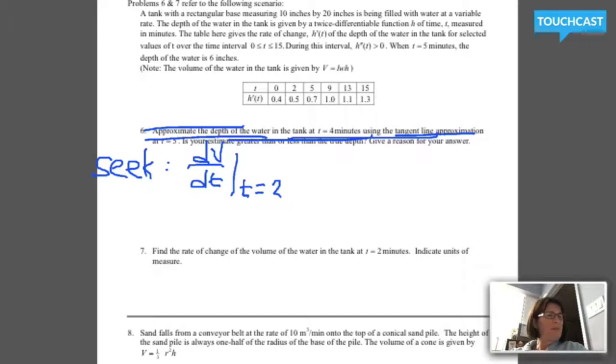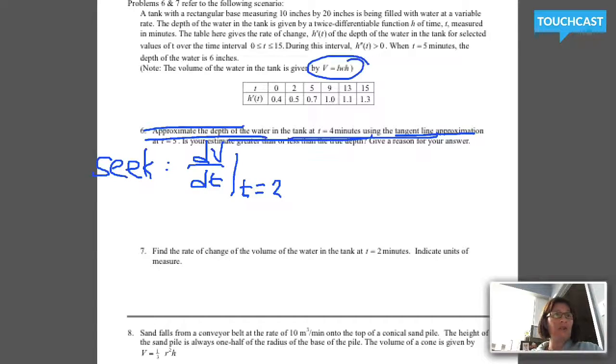So what are some things I know? Do I know any rates of change already? It wasn't very specific here, but I think you need to practice understanding what's going on even when it's not specific. I do know something about the rate at which the height of the water is changing. I know volume is length times width times height, and I know something about how fast the height of the water is changing. That would be called dh/dt or h prime of t.